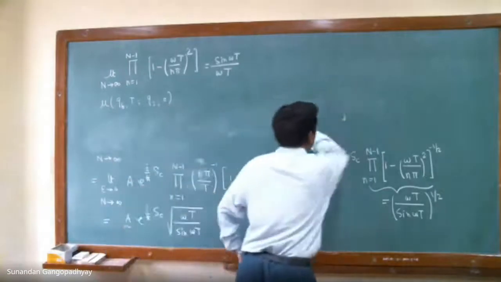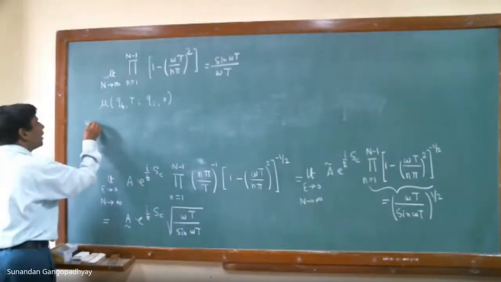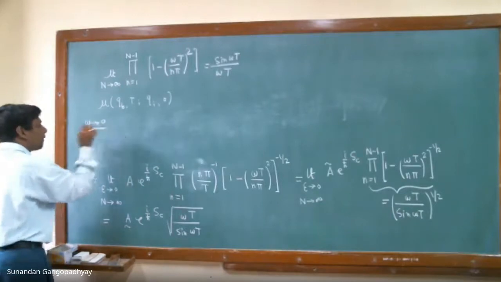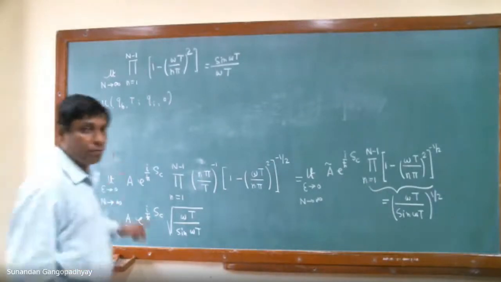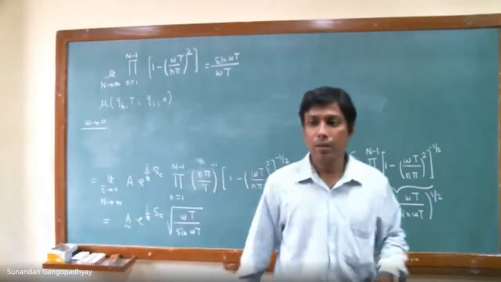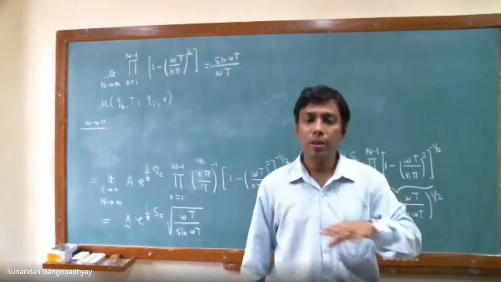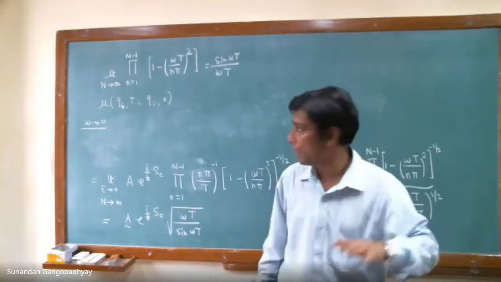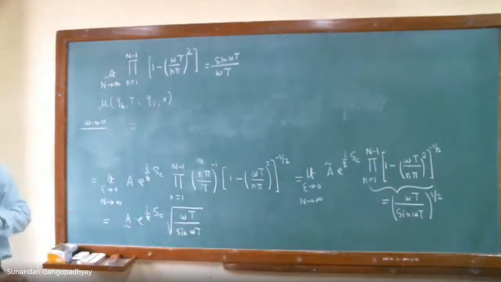We take the omega tending to 0 limit. In the omega tending to 0 limit, the harmonic oscillator should go to the free particle, right? Omega is the frequency of the harmonic oscillator. So in the omega 0 limit, the harmonic oscillator goes to the free particle, and for the free particle, we know what the result for the propagator is.